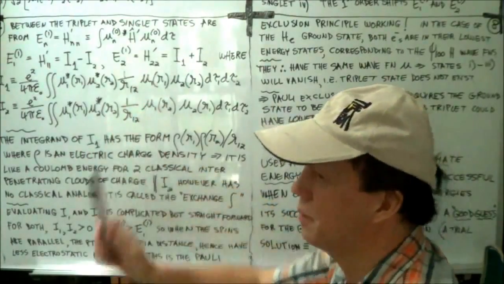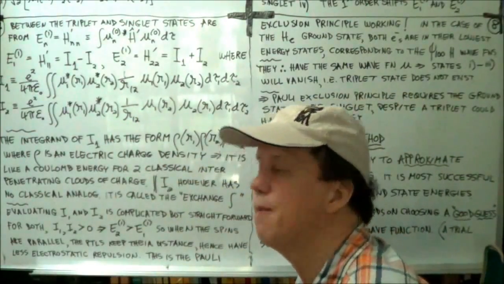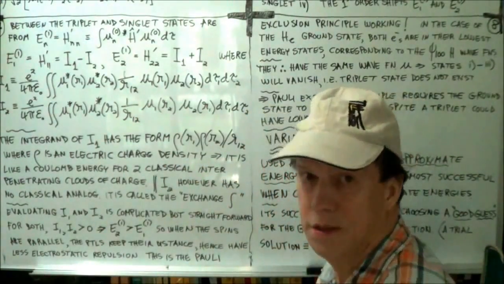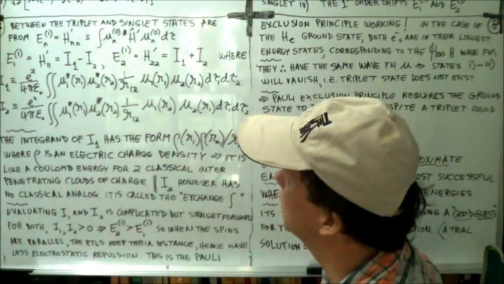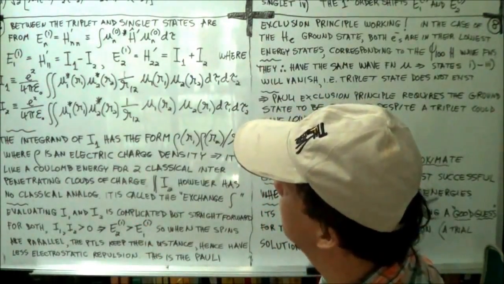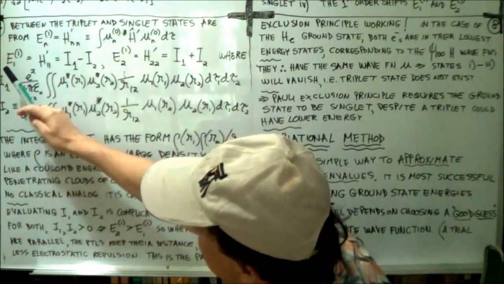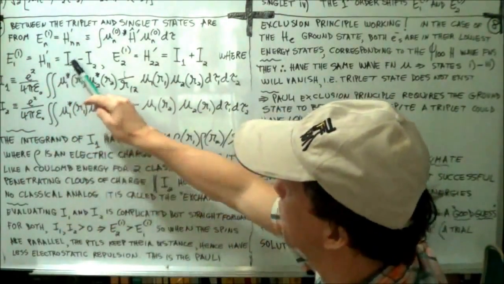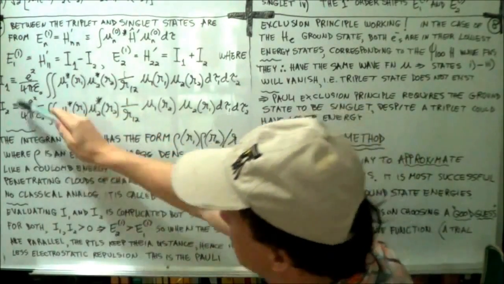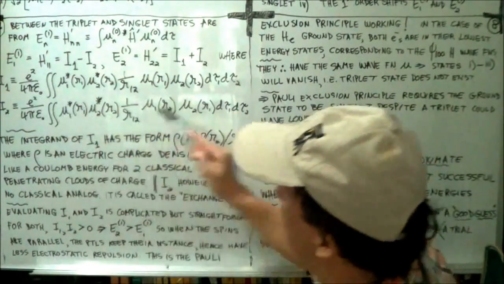Because this is more grade level, I guess, but just to give you a taste of what's coming. So it works out that this first order correction to the energy eigenvalue is the difference between two integrals, this and this.